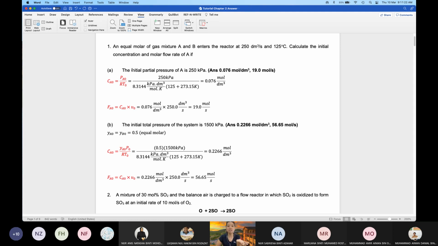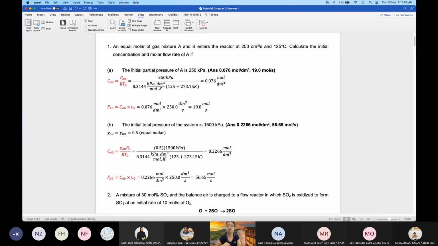Okay, so PA0 is 250 kilopascal. So how do we find the initial concentration? If you remember, I taught you previously in chapter 2, for gas phase only, and only gas phase, there is an equation that can be used to find the initial concentration. Why do we say it's only for gas phase? Because this equation is based on the ideal gas law, so the law is only applicable to cases in which it is gas phase.